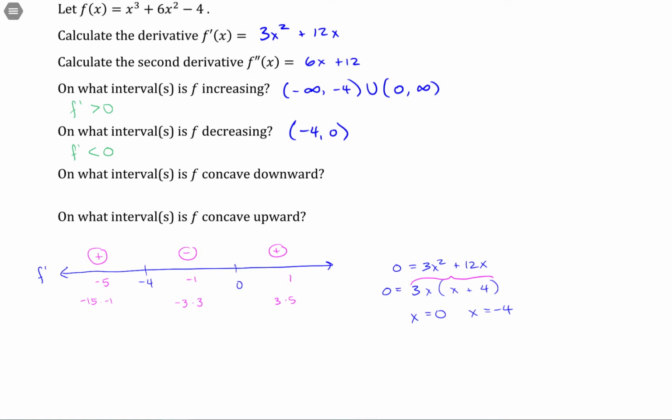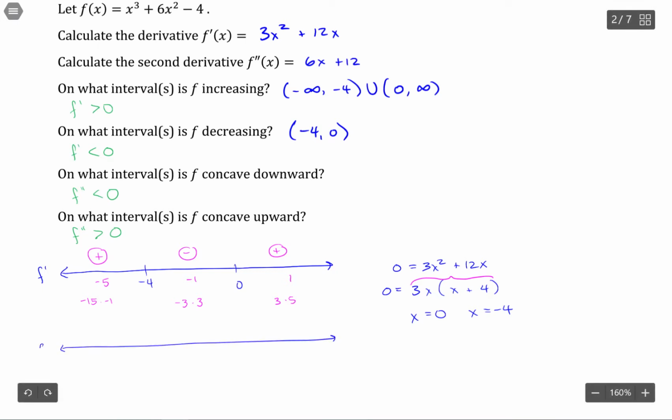On what intervals is f concave downward? Well, concavity is determined by the second derivative. So the second derivative, whenever it is less than 0, you're concave down. And whenever it's greater than 0, you're concave up. So what we're doing here is essentially the same process that we did with the first derivative. We're just doing it with the second.